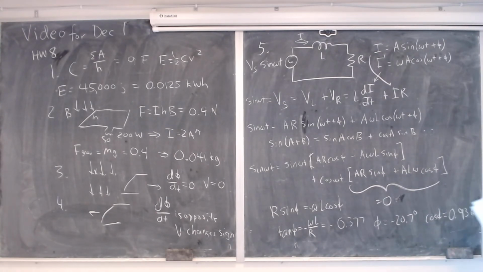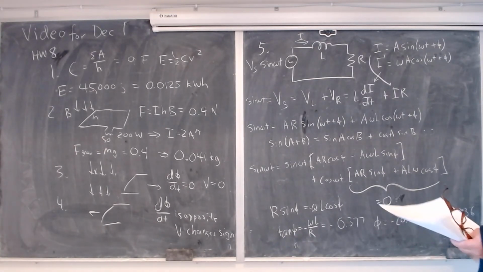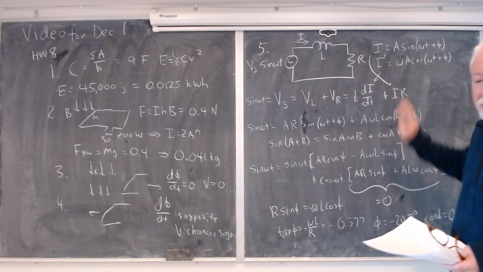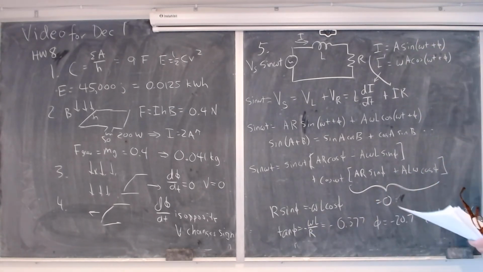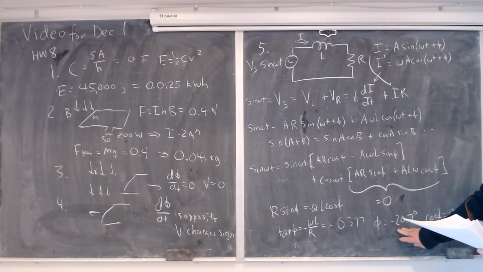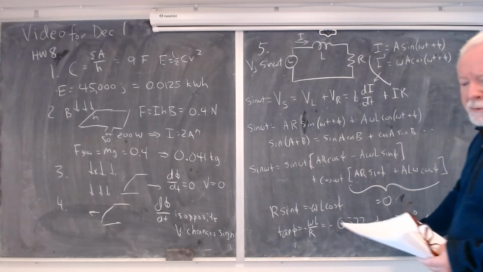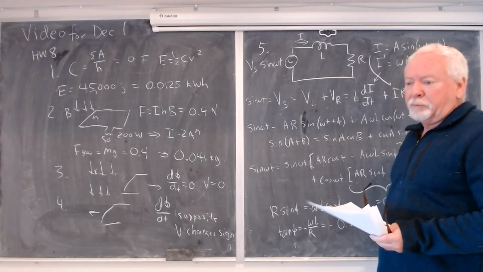Okay, so this problem was meant to illustrate cosine phi and how you calculate it in a real circuit, and that for normal size inductors and capacitors, you get something that's still pretty close to 1, really. See, phi is 20 degrees here, which means that I and V are pretty far out of phase.